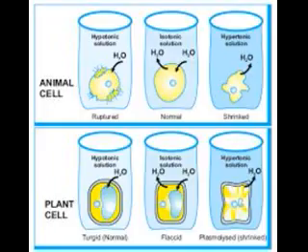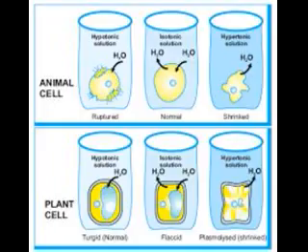As a result, the cell swells up. If the process continues, the cell may burst. Please note that water molecules will move across the membrane on both sides. However, there will be a greater movement of water molecules into the cell than outside. That is, the net movement of water is inwards.